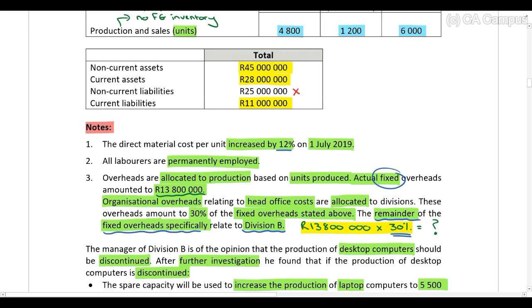All right, so we've made sense of all of the information provided in the notes, and we now need to look at the discontinuation decision.